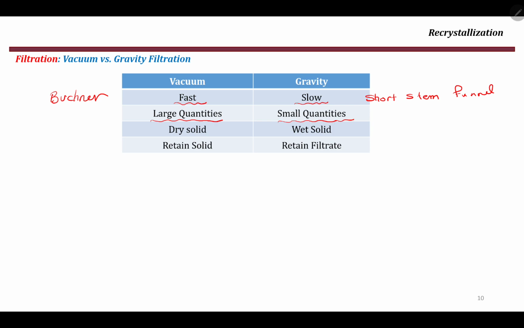Usually vacuum filtration will give you a dry solid, whereas gravity filtration will give you a wet solid. And finally, if you want to retain the solid, we use vacuum filtration. If we want the filtrate, usually we use gravity filtration.